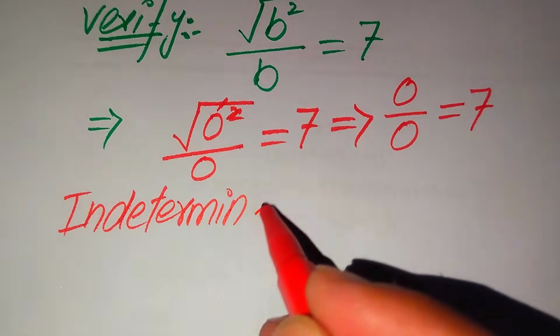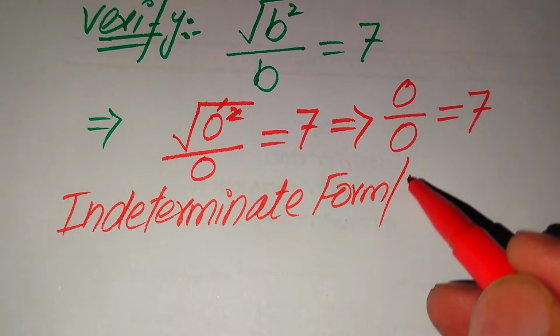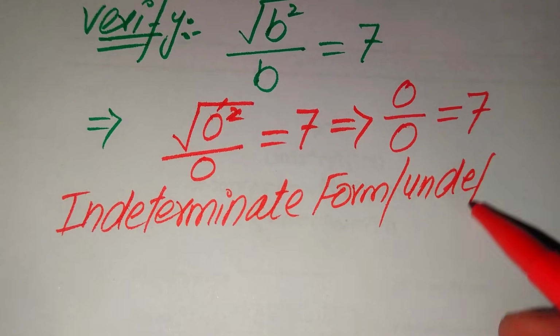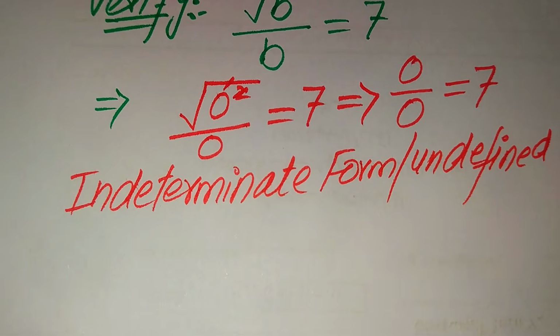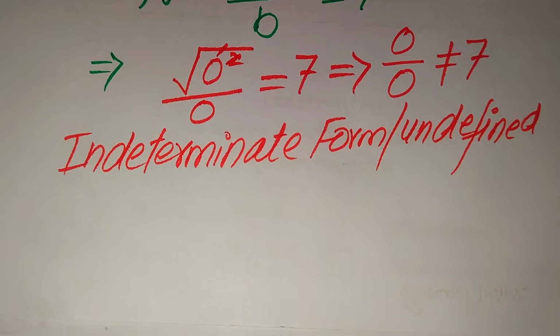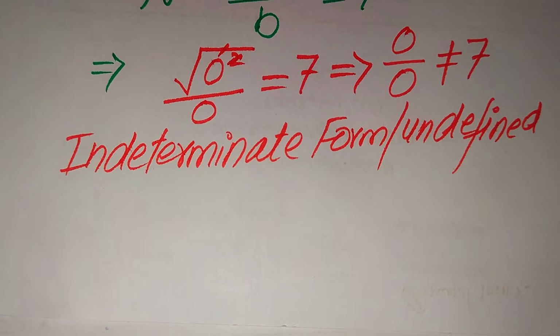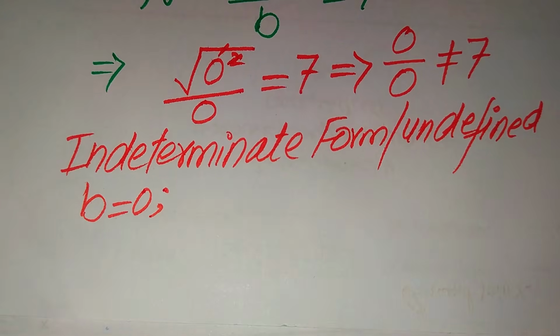So if our left hand side is the indeterminate form, or in other words undefined, this means that both of the sides are not equal. And if both of the sides are not equal, this concludes that the value b equals 0 does not satisfy our given question statement.